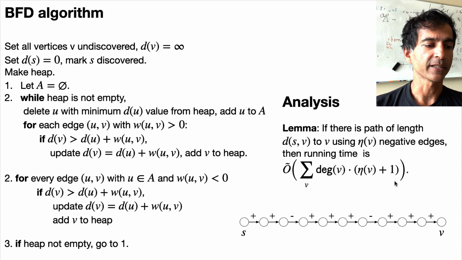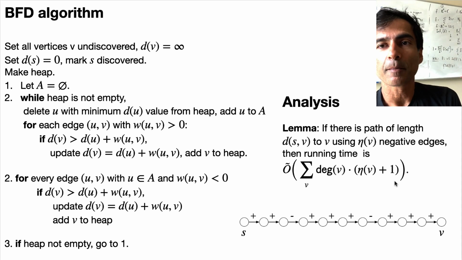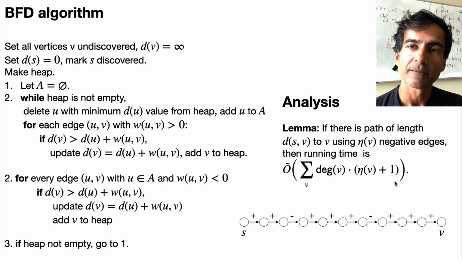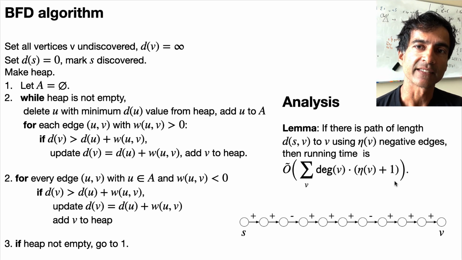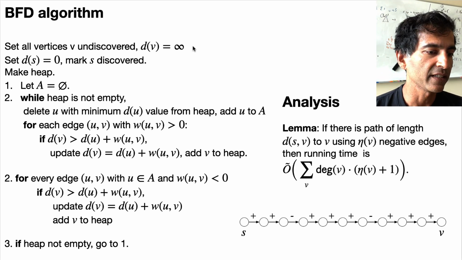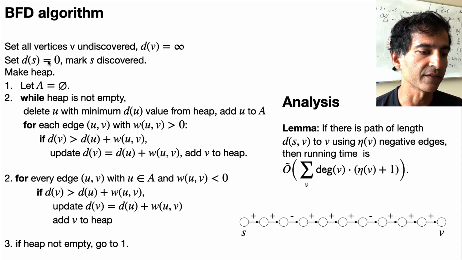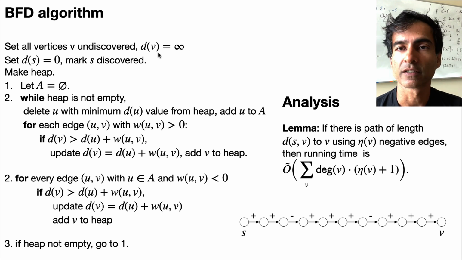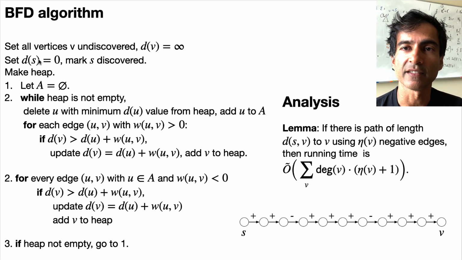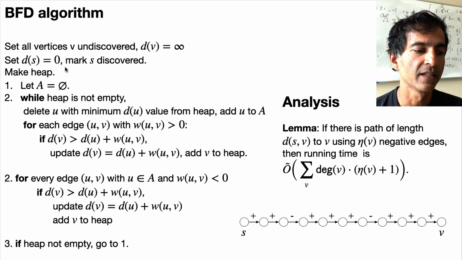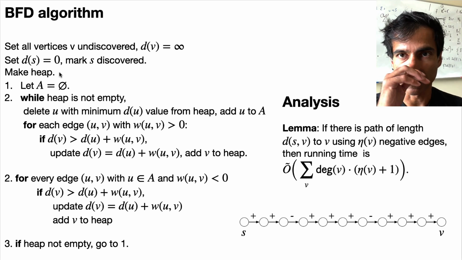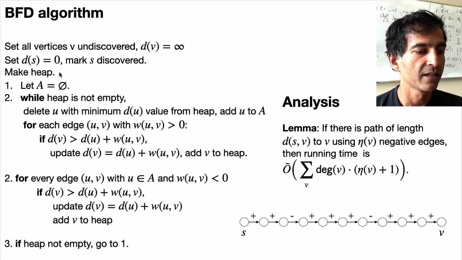So what is the algorithm? Let me describe it. The algorithm combines Dijkstra's algorithm and the Bellman-Ford idea. Just like in Dijkstra's algorithm, it starts by maintaining a heap. Initially dv is set to infinity for every v that's not equal to s, and ds is set to 0. Then we make a heap with all of these vertices. And then we start running the algorithm.